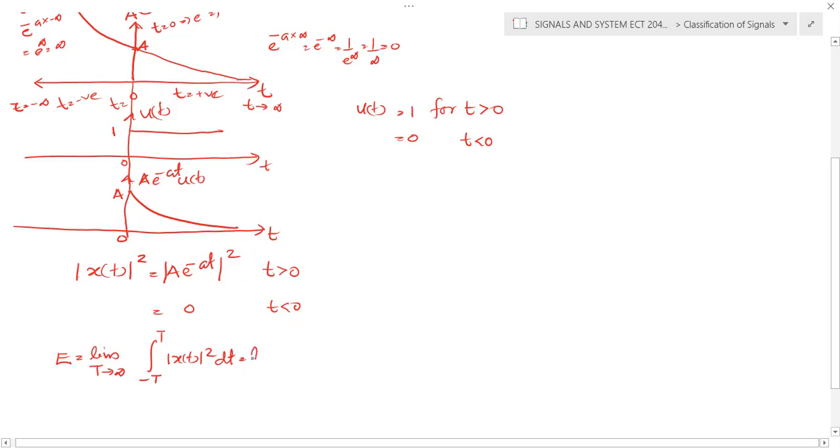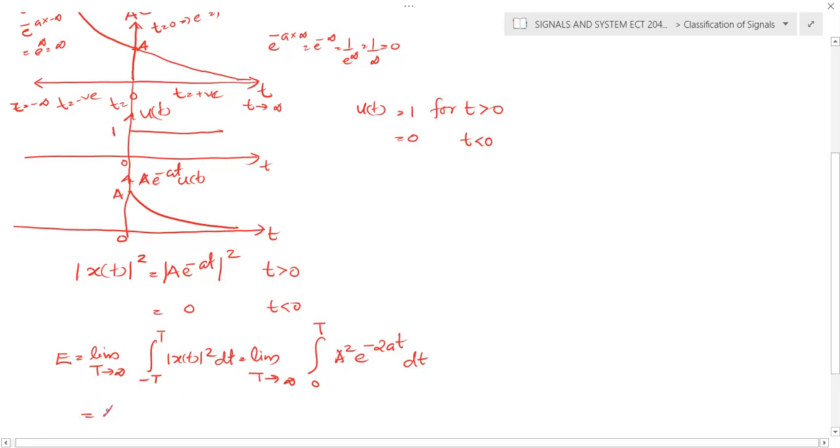So I can write it like this: limit T tending to infinity, integral 0 to T. In place of modulus of x of t the whole square, you can write a square e raised to minus 2at dt.